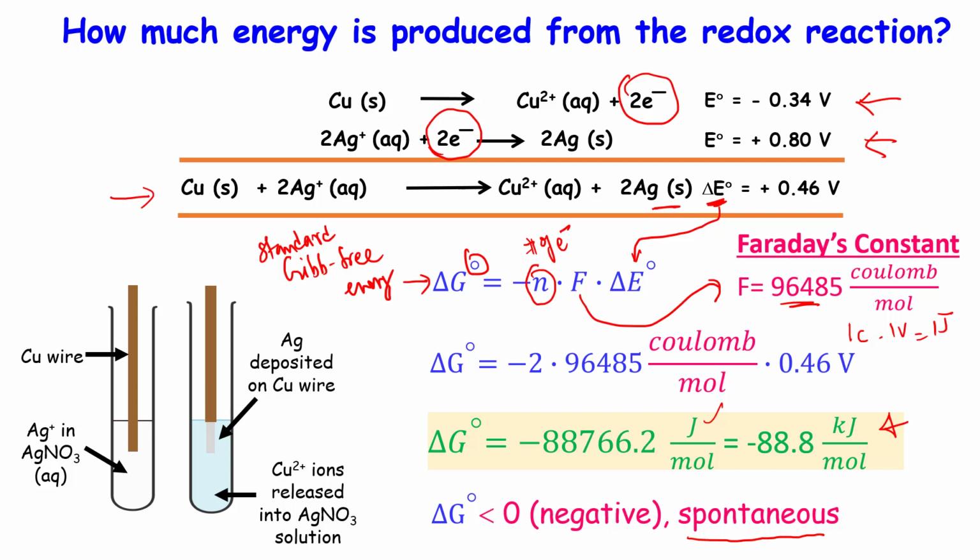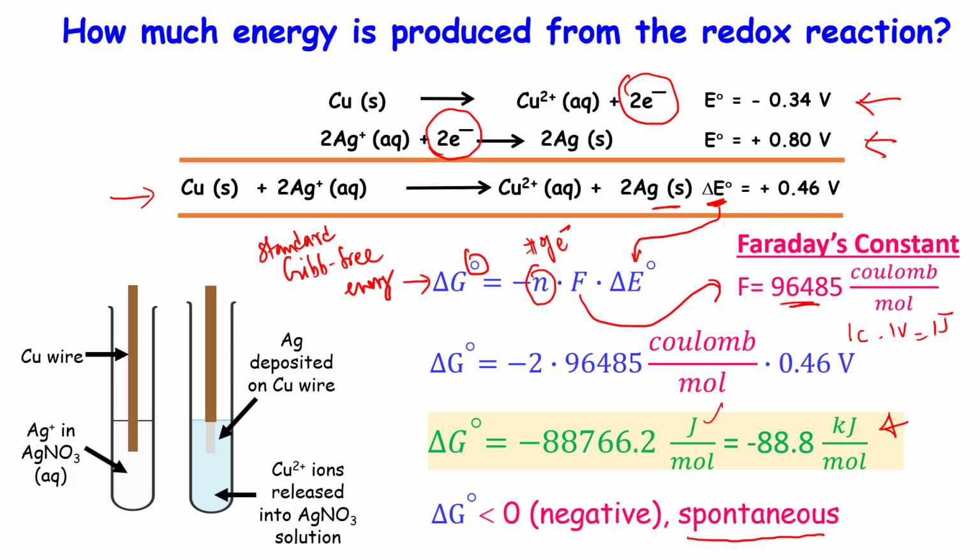You don't have to do anything to make that reaction happen. But the one important thing to remember is, when we say the word spontaneous, all we are saying is that it doesn't require any external intervention to make the reaction happen. But it doesn't say anything about how fast the reaction will happen. The reaction could take 10 minutes, 5 minutes, 1 day, 2 days. It depends on the reaction. But this delta G naught value tells you nothing about how quickly the reaction is going to happen.